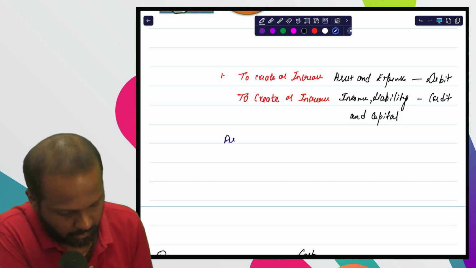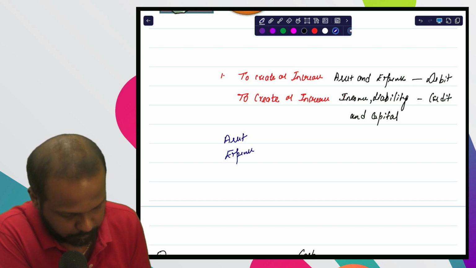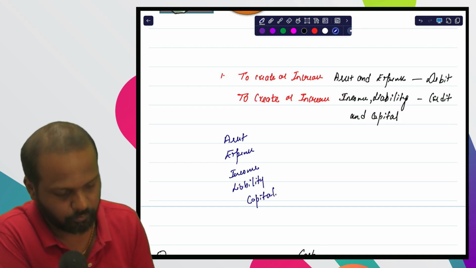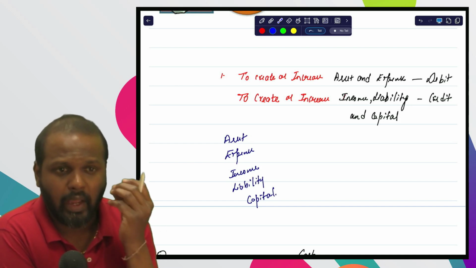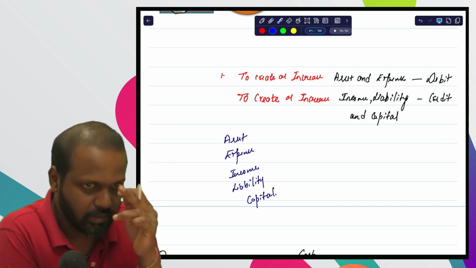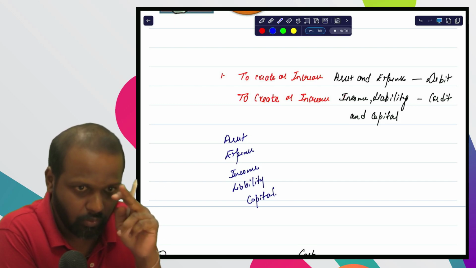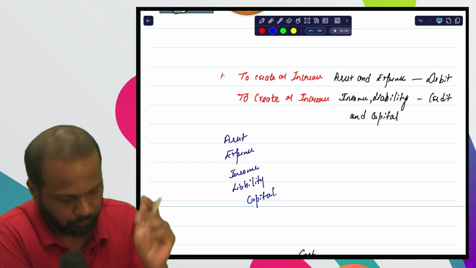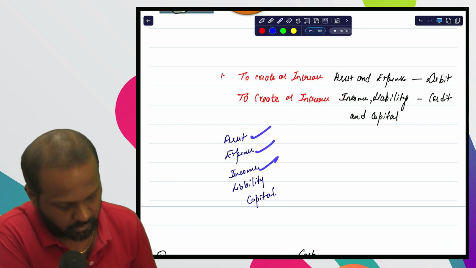Asset, expense, income, liability, and capital. Any kind of business transaction you take, you're going to find only these five things in that transaction: asset, expense, income, liability, or capital.